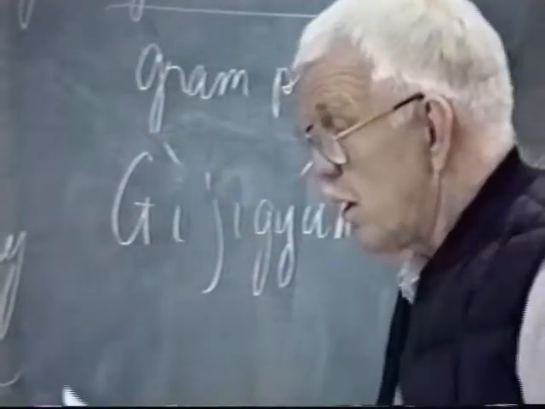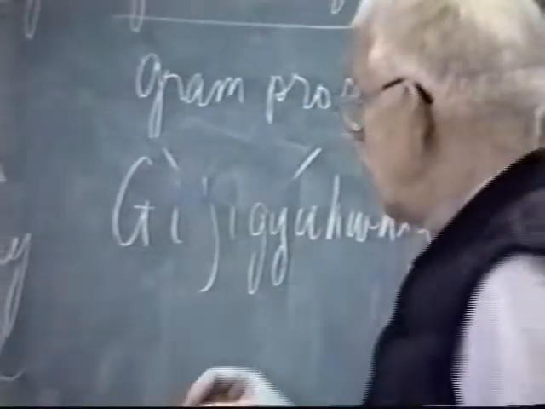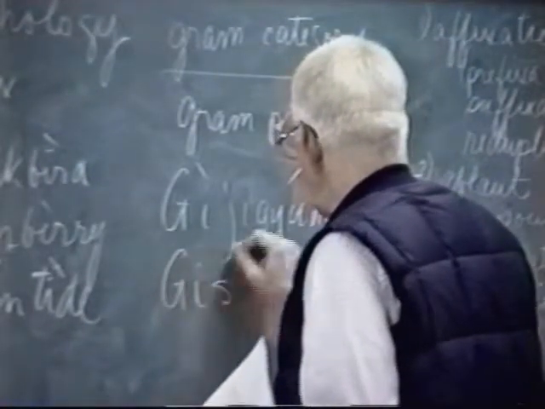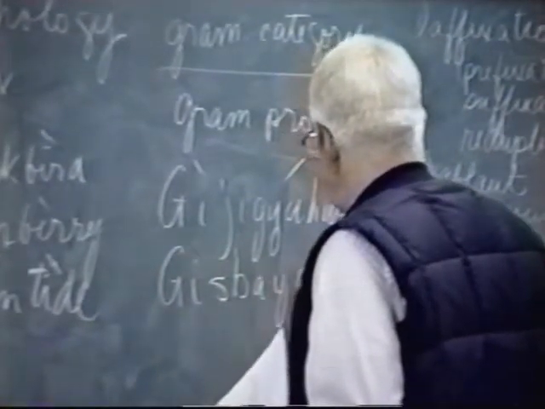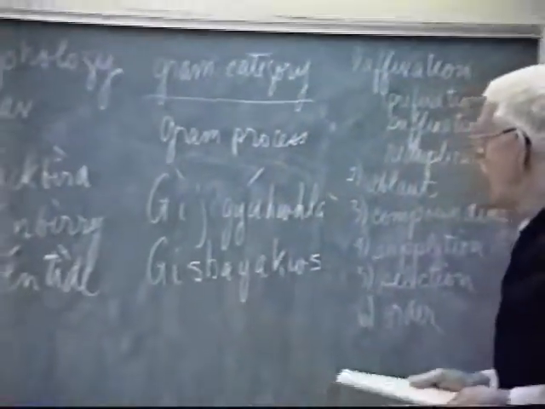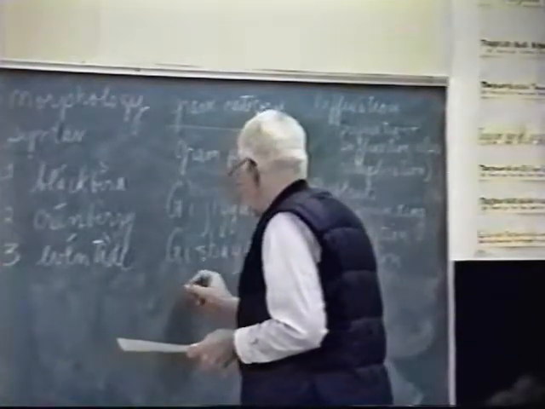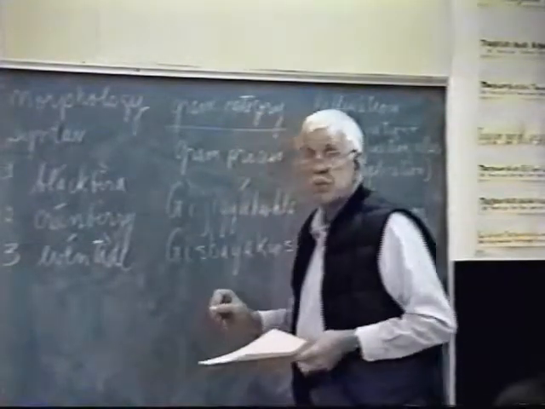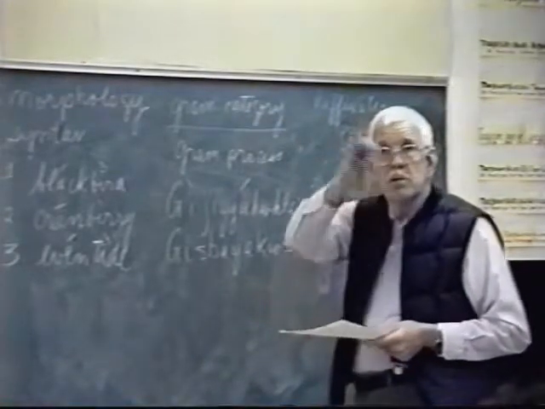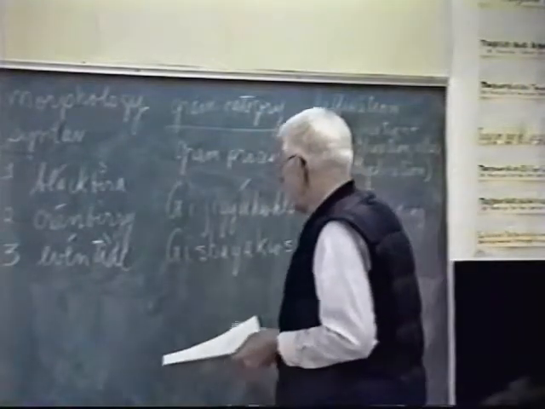Or similarly, gispayaks, not gitspayaks. Gispayaks, the people of the hiding place. Or Gitksan. Gitksan is the name for Nass River. Gitksan is the Nass River.